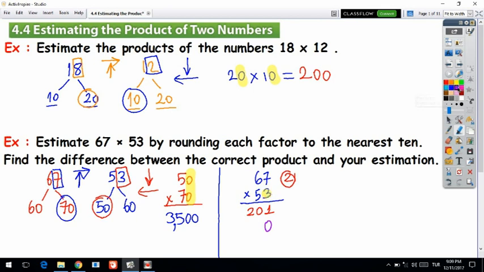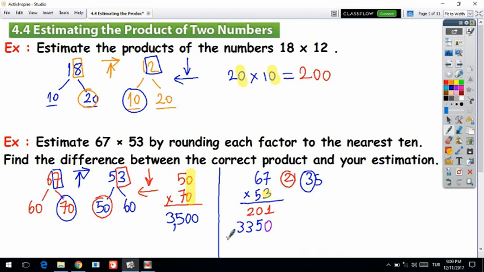Take it easy. Now let's continue to multiply. 5 times 7 is equal to 35. As I said to you, the ones digit comes down, so 5 here. You make a circle for the 3, then let's multiply. 5 times 6 is equal to 30 plus 3 is equal to 33.